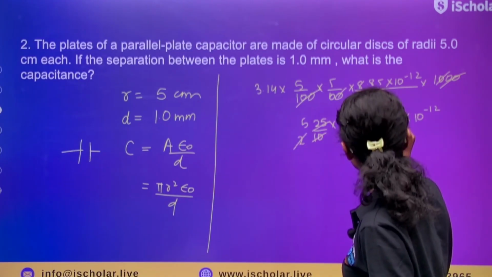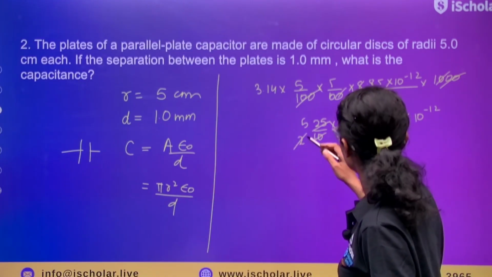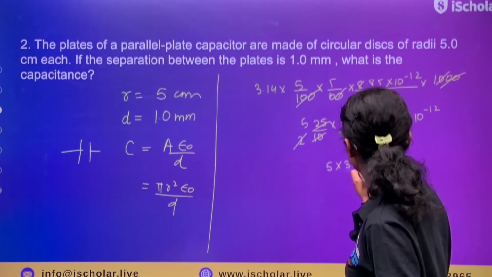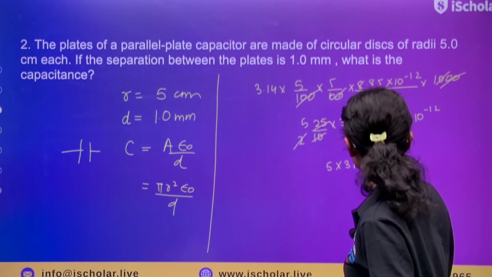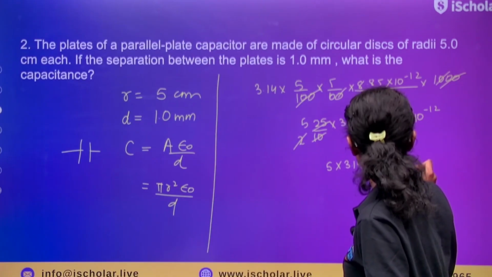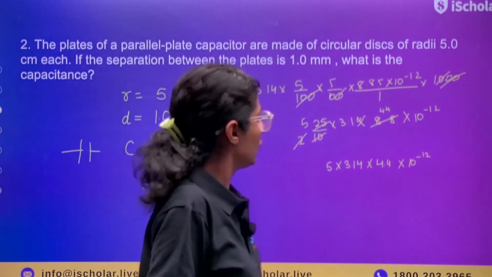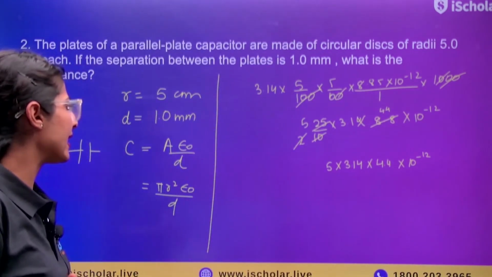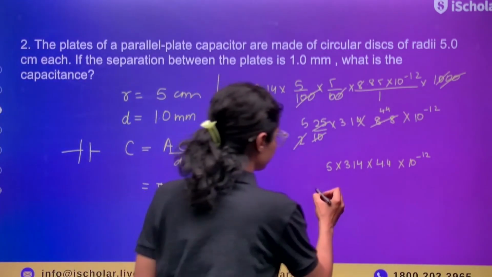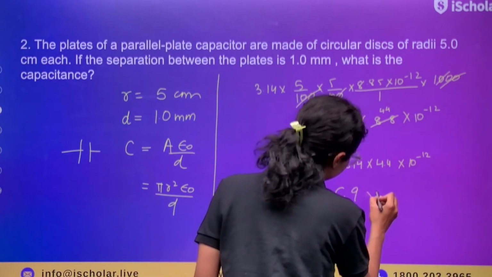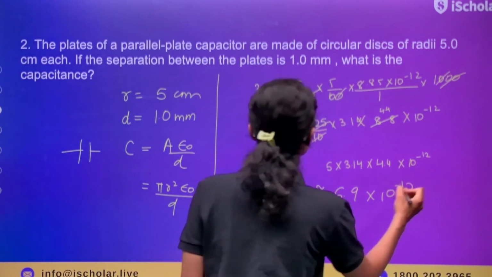This will cancel this and become 4.4. From here I can write the value as 5 into 3.14 into 4.4 into 10 to the power minus 12. When you solve, it is 5 into this quantity, which comes to approximately 6.9 into 10 to the power minus 12.